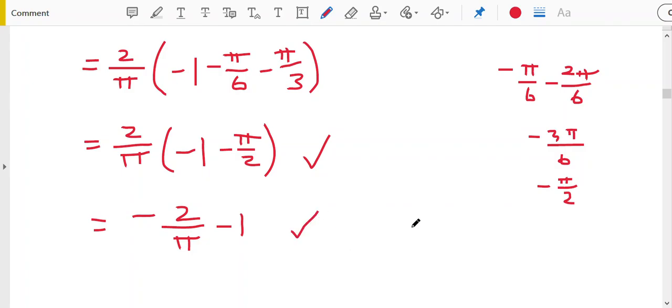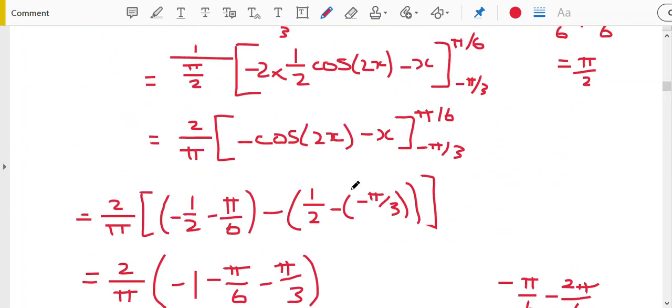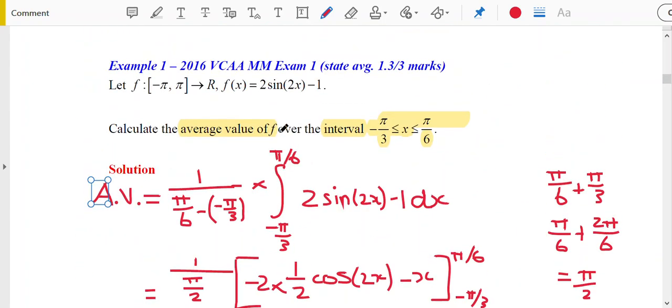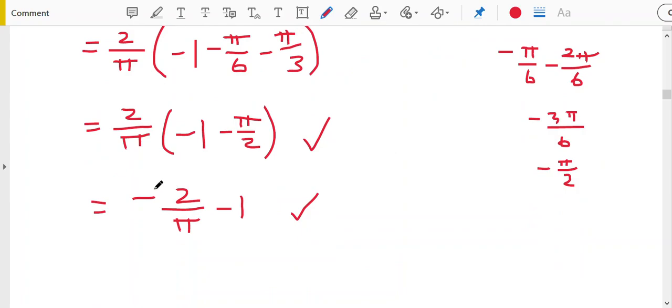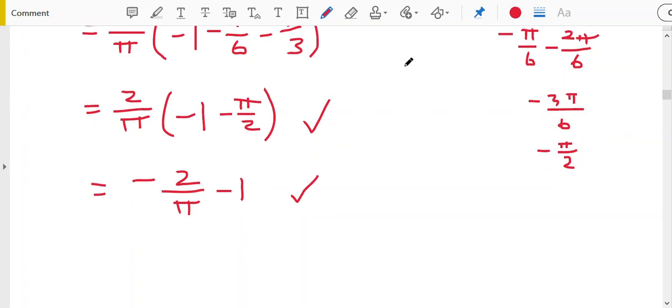And that is an acceptable answer as well. So the average value of this function f of x for the interval minus pi over 3 to pi over 6 is minus 2 over pi minus 1. So that's the first problem, looking at average value.